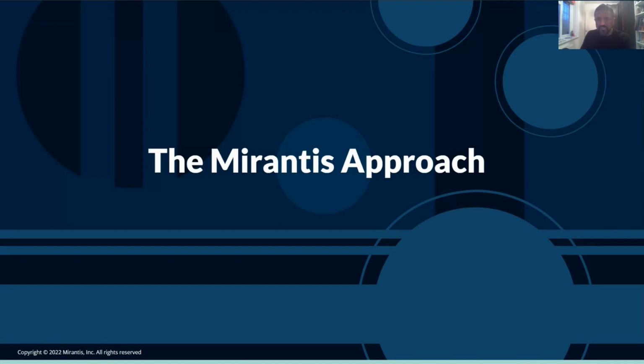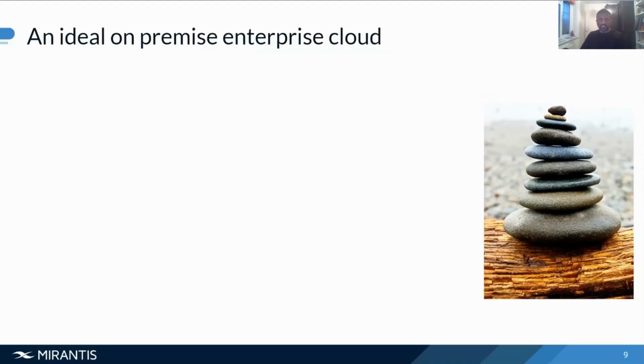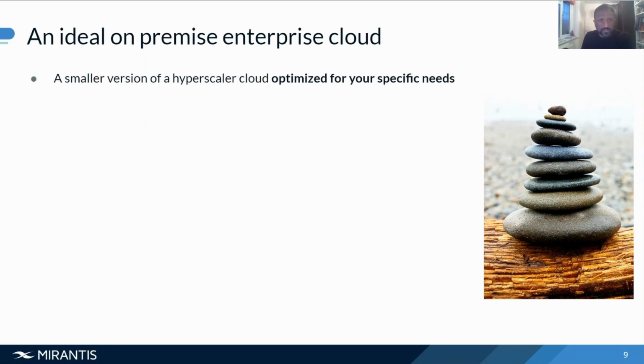Just on to what the Mirantis approach is. How do we address all this, and what does our solution consist of? Let's look at what we see an ideal enterprise cloud consisting of. Ultimately, you want it to be a smaller version of a hyperscaler, optimized for your specific needs.